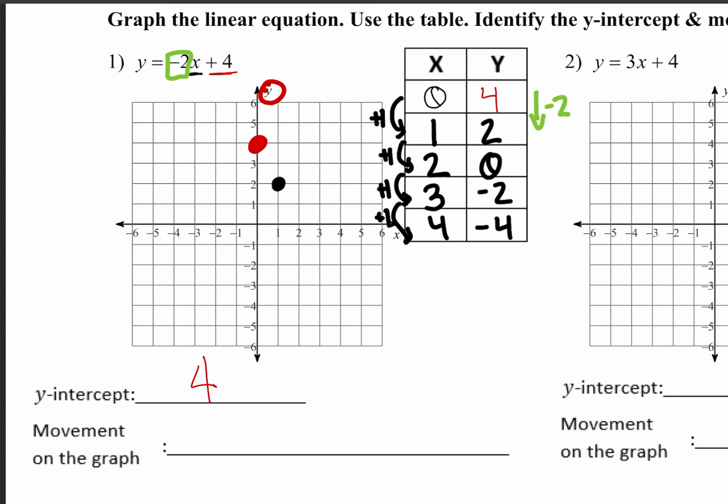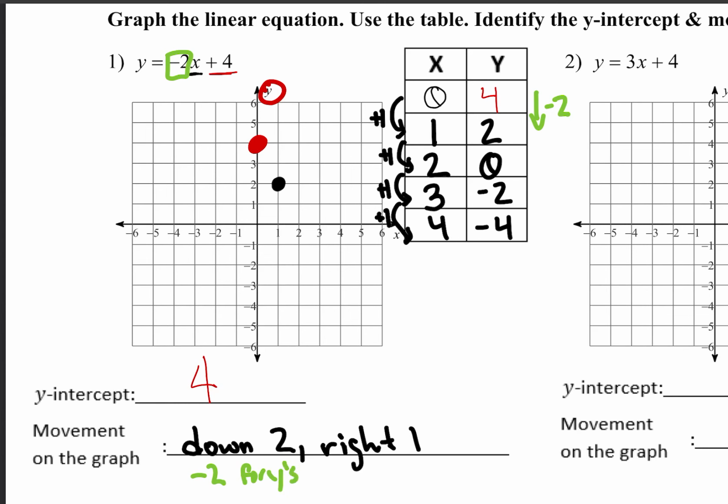And notice, just between those first 2 points, we went down 2, right 1. Okay, so our movement is down 2, right 1. This down 2 is the minus 2 we did for our y's, right?